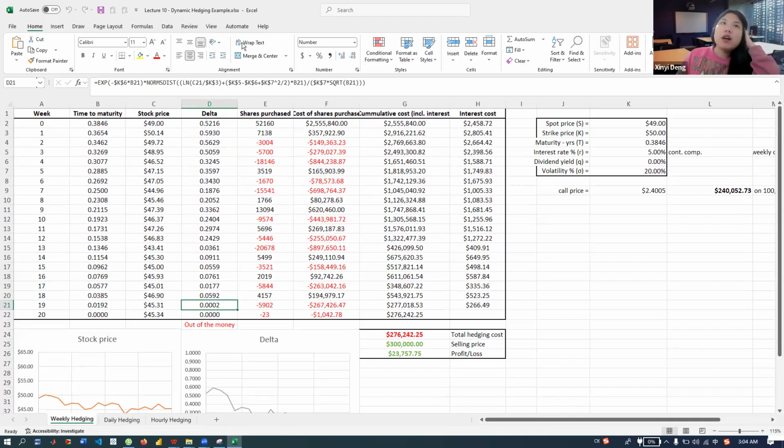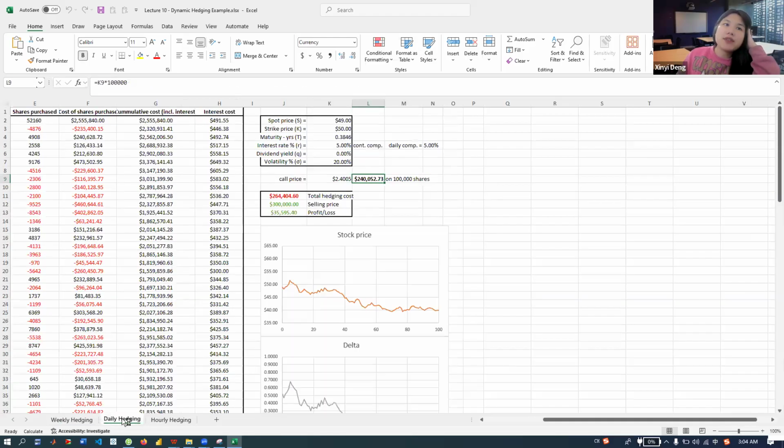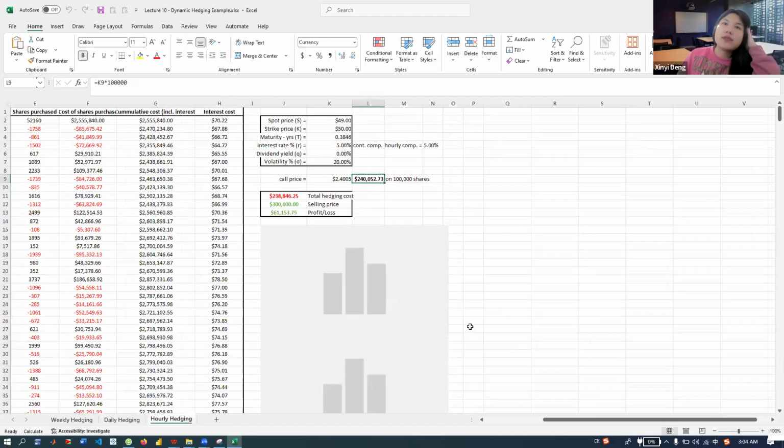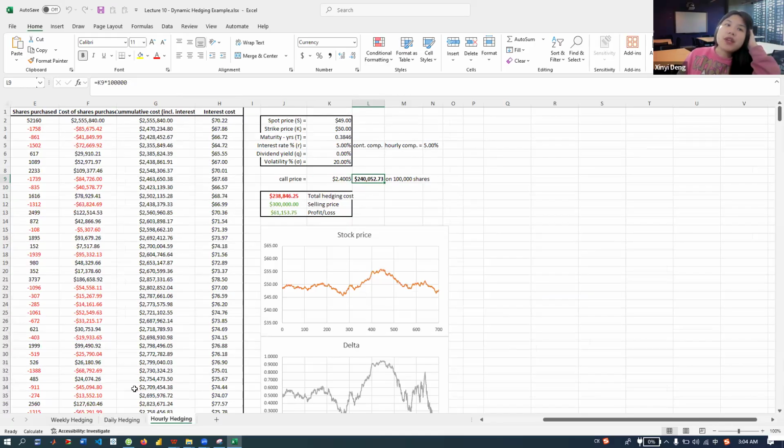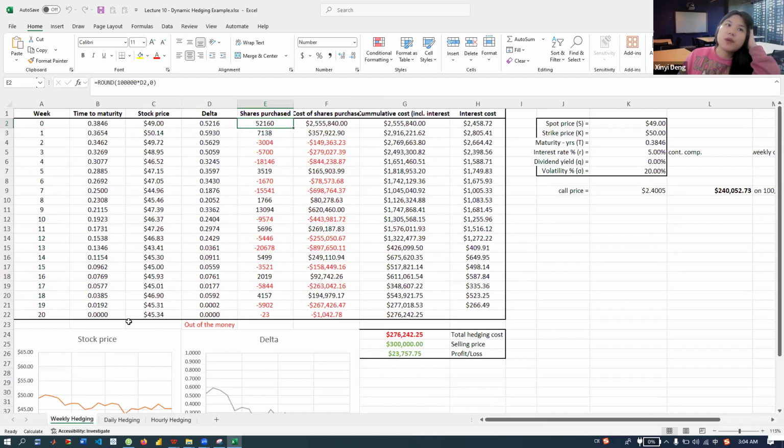In this dynamic hedging example, you have three tabs: weekly hedging, daily hedging, and hourly hedging. The intuition is the same. It's just that you are dealing with different frequencies. So I will just walk you through weekly hedging.